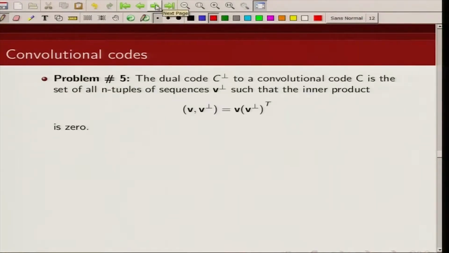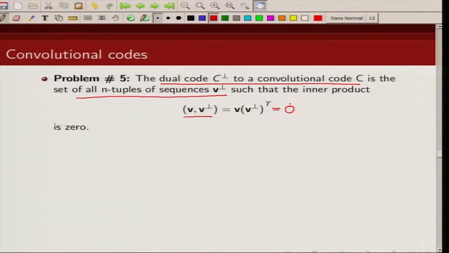Okay. Next. Let us first define the dual of a convolutional code. We define the dual of a convolutional code C as the set of all n-tuples of sequences V dual such that the inner product of V and V dual transpose is essentially 0.